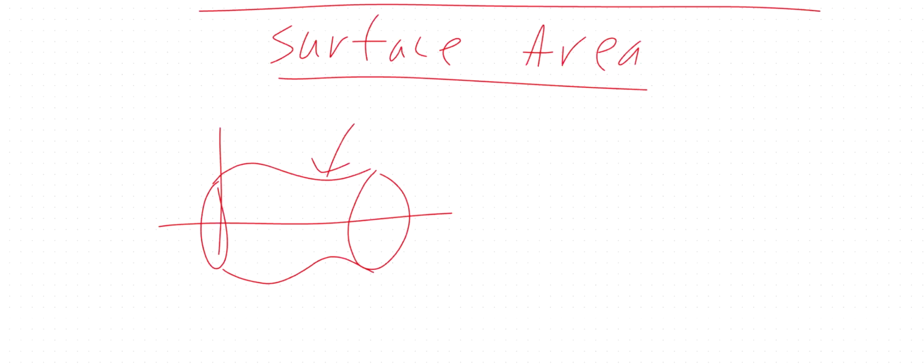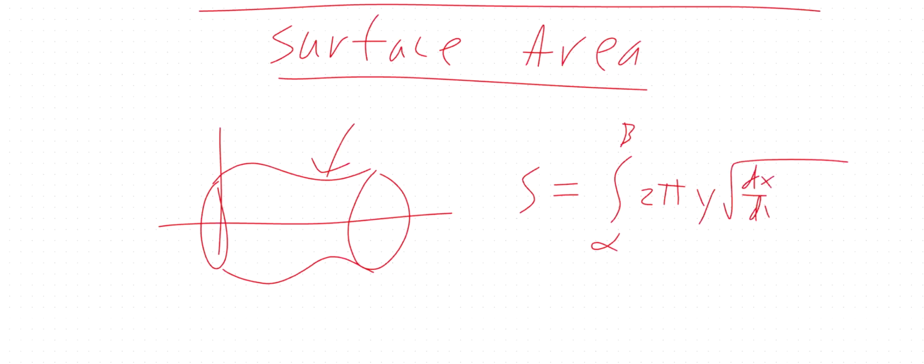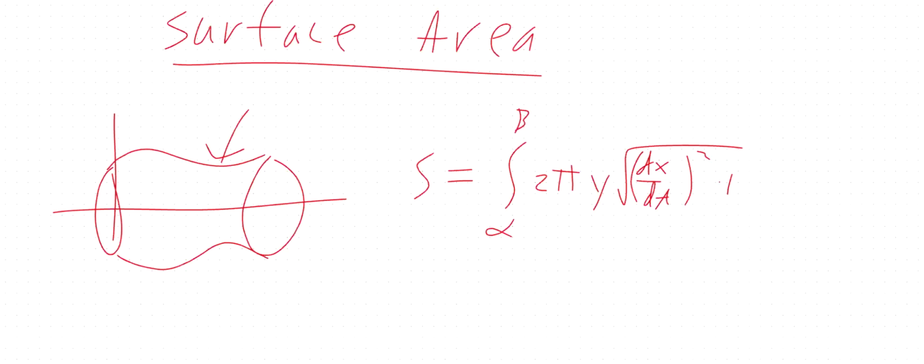The surface area, not quite volume here, but surface area, is going to be the integral from alpha to beta of 2 pi y times the square root of (dx/dt) squared plus (dy/dt) squared, dt.